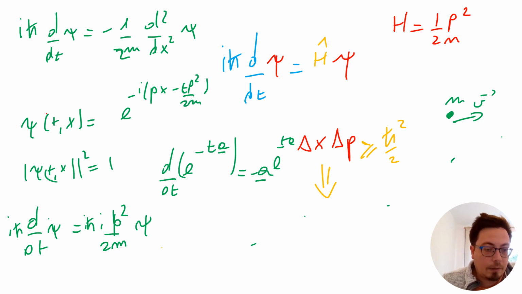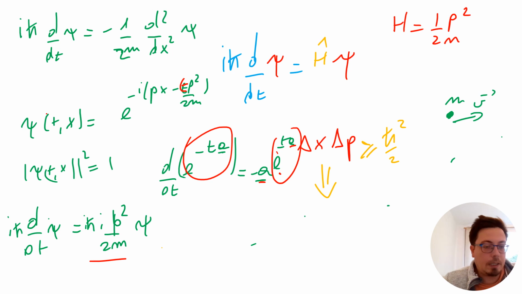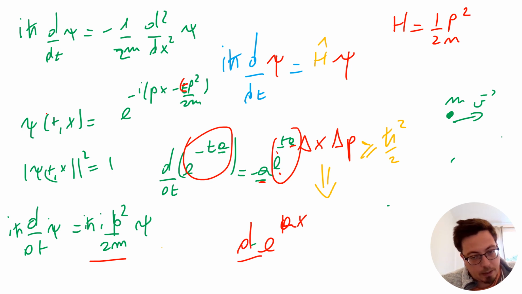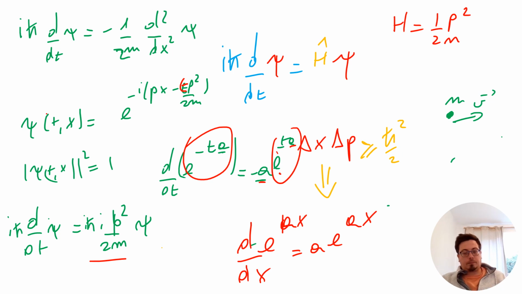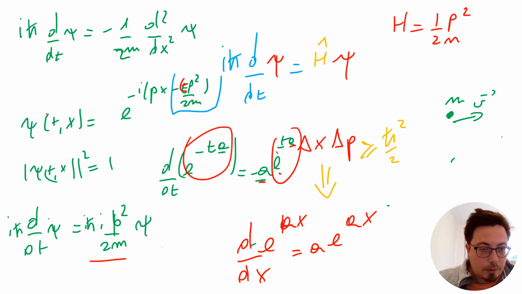So we can see that the derivative over time gives a constant value in front, which is the same constant as a, which drops down, and we get the same function here. This is basically the idea that when you differentiate the exponential, you get a times the exponential. We did it already in the video on exponentials, and we can see that this is the part that we're dealing with in time here.